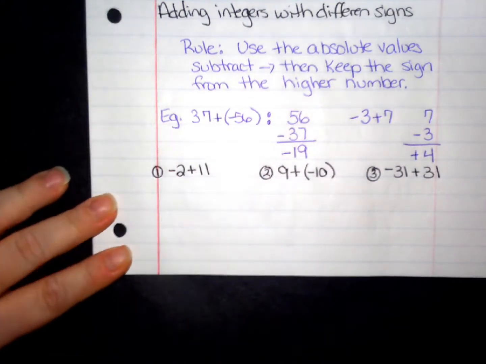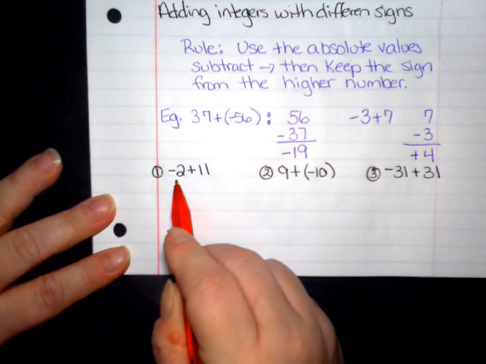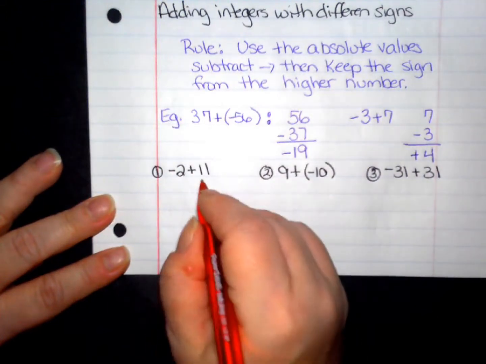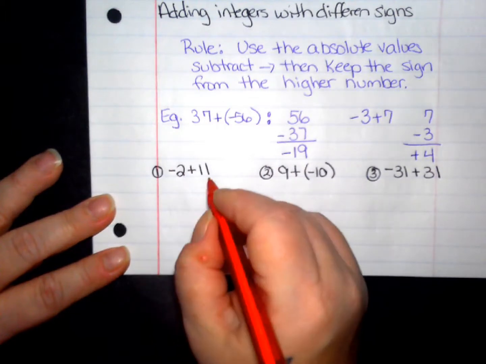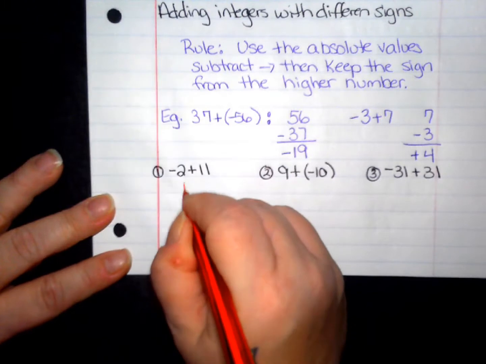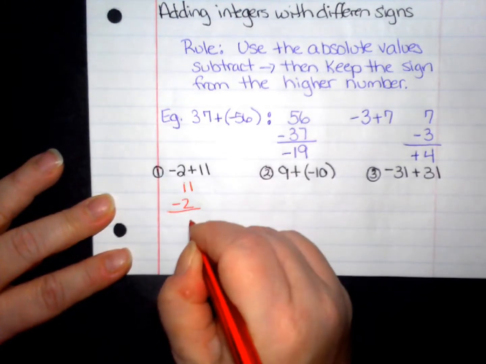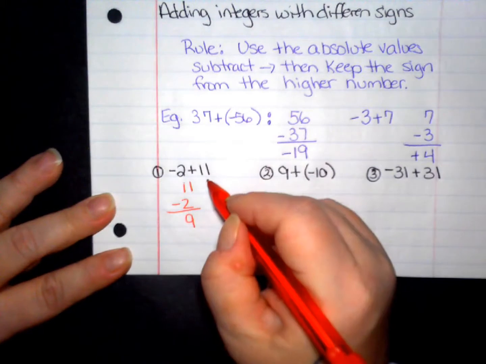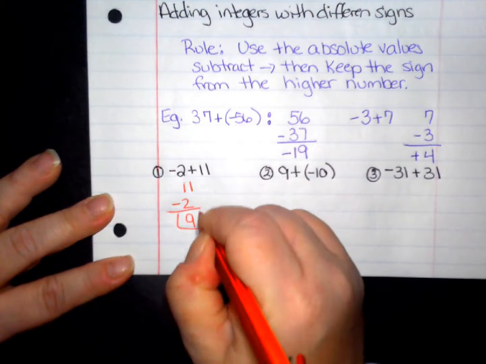So, number 1, when I look at these, I see the absolute value of -2 is 2, and the absolute value of 11 is 11. So I do 11 minus 2. That's going to give me 9, and 11 is my higher number, so I'm going to use a positive.